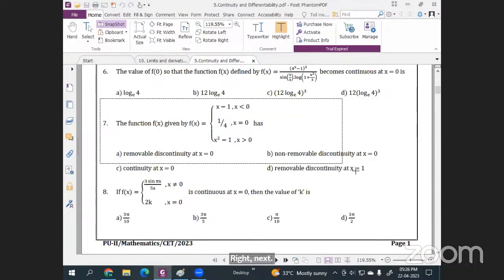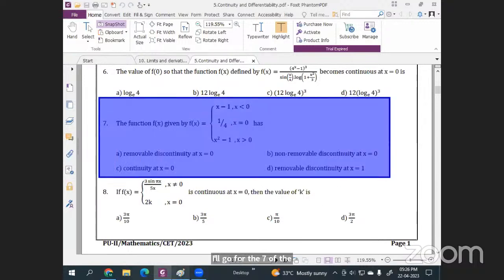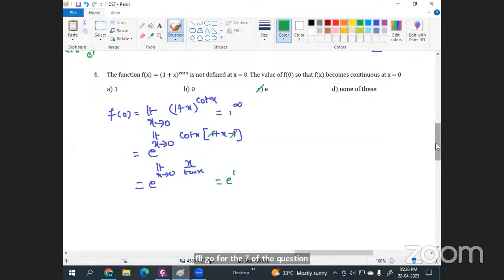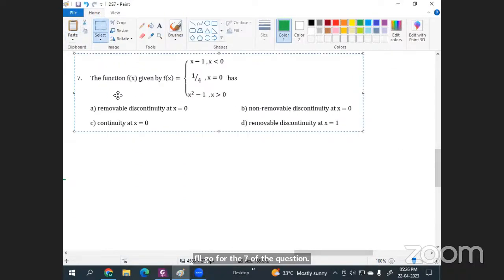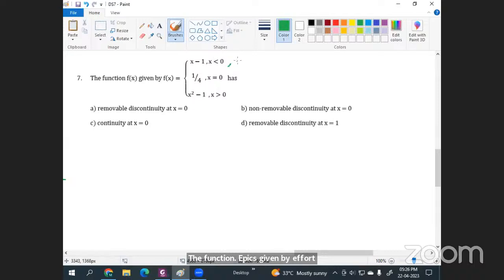Next, I'll go for the 7th question. The function f of x is given by f of x equal to x minus 1 for x less than 0, that means x tends to 0 minus, x equal to 0, 1 by 4, x square minus 1 for x tends to 0 plus.